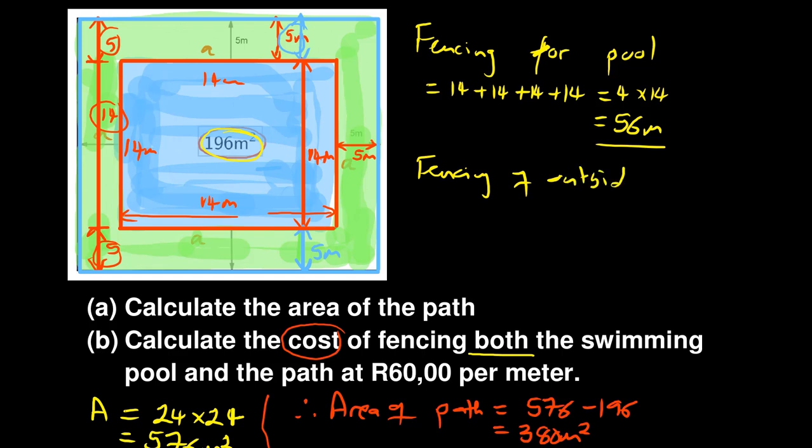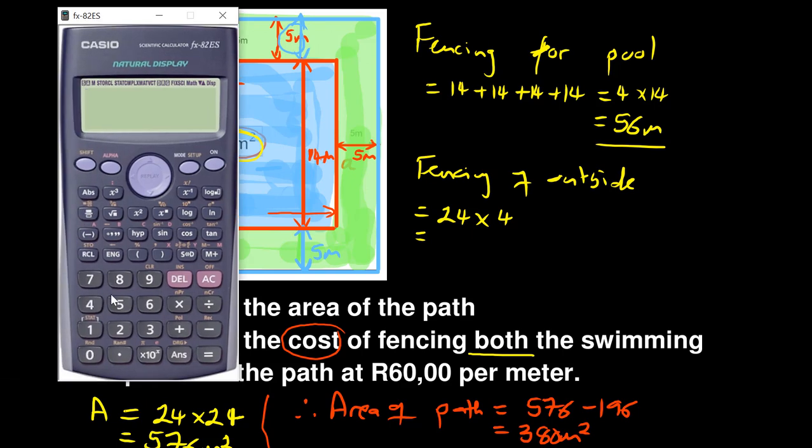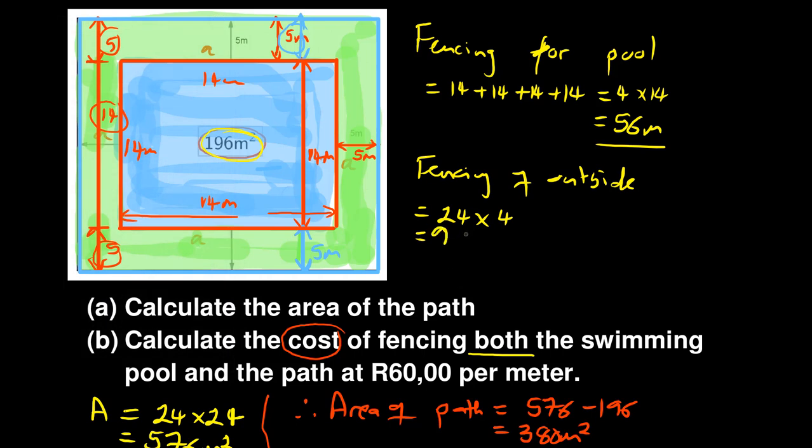It's always good for you to write this so that the examiner can follow what you're doing. So it's 24 times 4, just like we say, it is 24 plus 24 plus 24 plus 24, and your answer therefore will be 24 times 4, it is 96. Again, it is 96 meters.